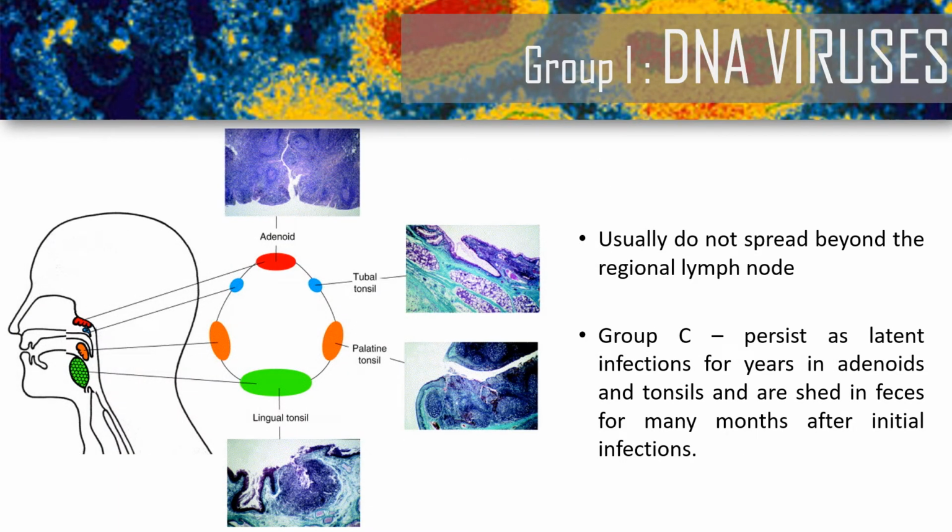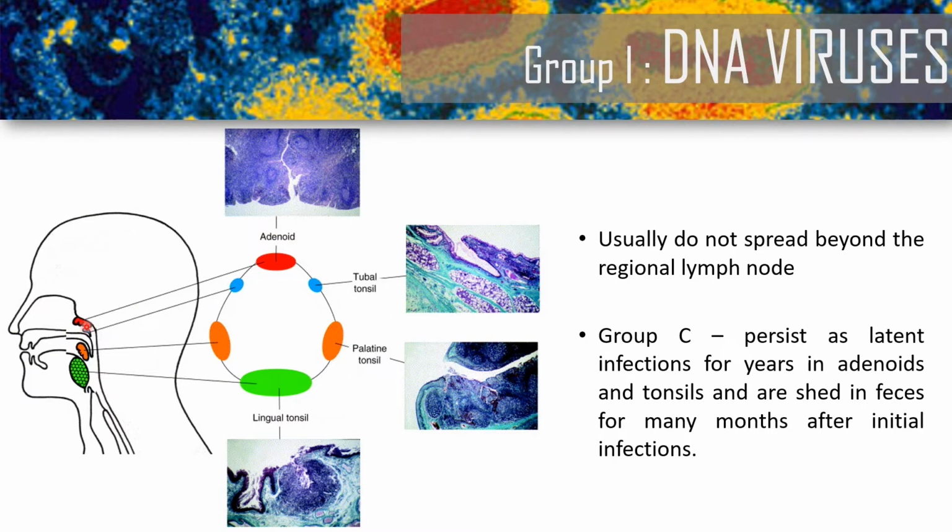So adenoviruses usually do not spread beyond the original lymph node. So they are actually restricted to adenoids. However, group C persists as latent infections for years in adenoids and tonsils and are shed in feces for many months after initial infection. So to review your anatomy class, I don't know if you can still remember the location of your adenoids.